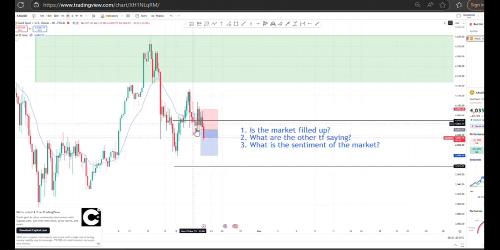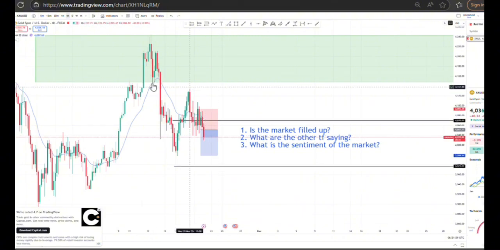The gap here has been filled. There's no other gap. This is currently the structure that markets would have been targeting, and it has been filled. And being filled, market is satisfied and looking for another space to be filled, which is on the downside.